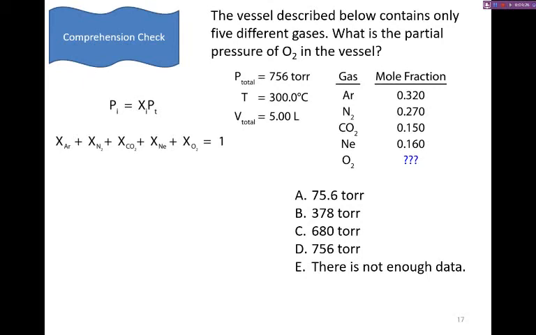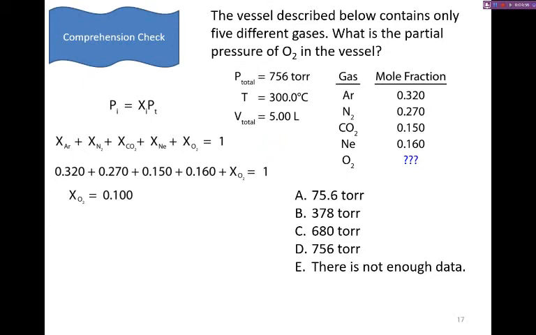And the reason for this is because in the denominator of each of these, it's the total number of moles. And if we were to solve for each individual mole fraction, we would see that they would add up to be a value of 1. So when we know that, we can calculate the mole fraction of oxygen by substituting in the values for the other 4 gases. Doing this gets us a mole fraction of 0.100 for oxygen.